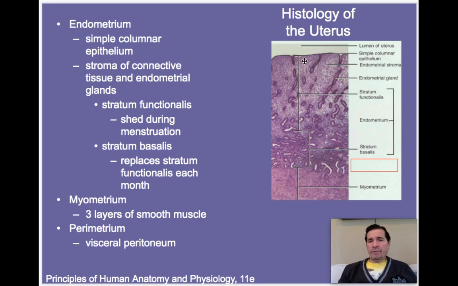It also develops a blood supply, which makes it more soft and gives it cushioning, which is why, if there is a fertilization event, it can embed inside this layer.